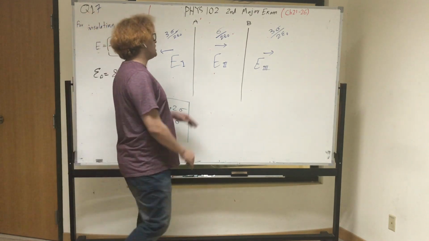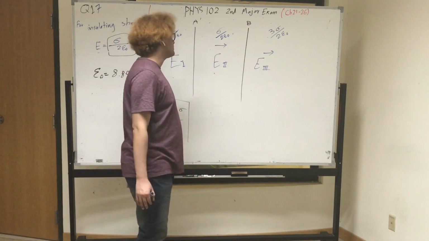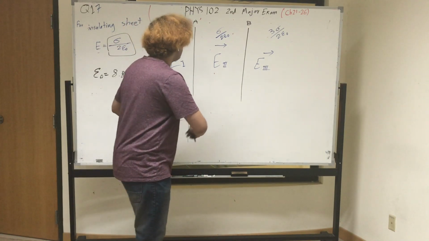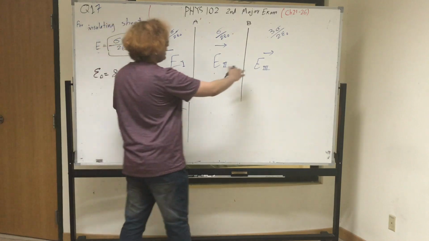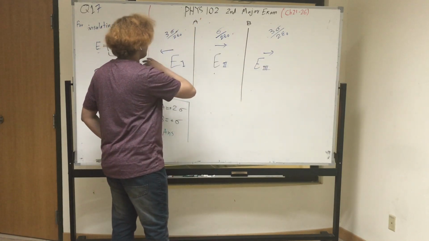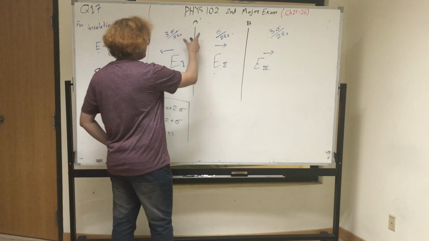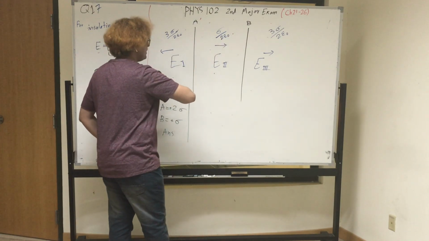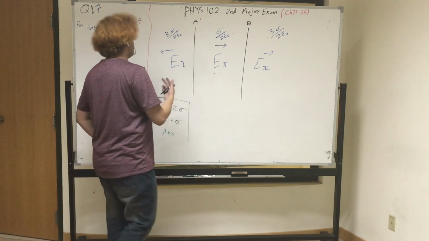So I'm going to go over the inspection solution. As we can see, the electric field in this area and the electric field in this area are identical, and they are bigger than the electric field inside. What does this mean?